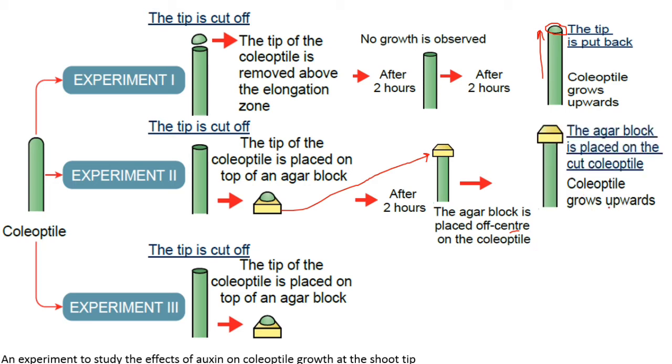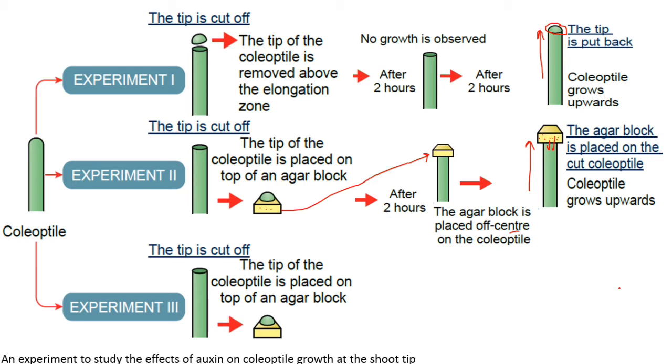The coleoptile grows outwards. That means there is auxin inside the agar block, because auxin can diffuse across the agar block. So this agar contains auxin, and the auxin will diffuse into the coleoptile.